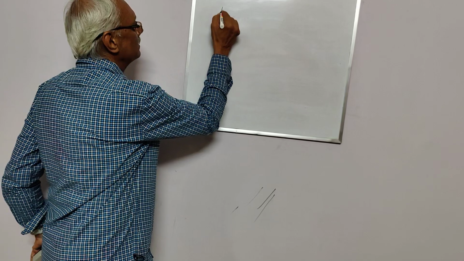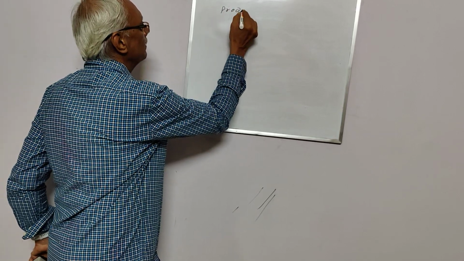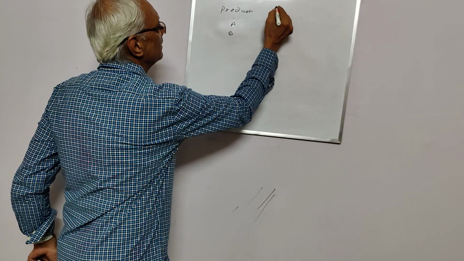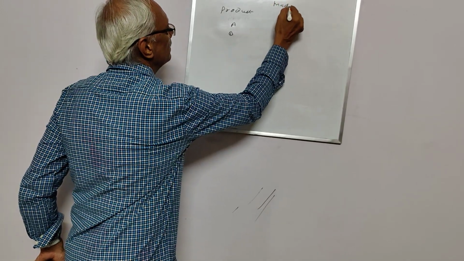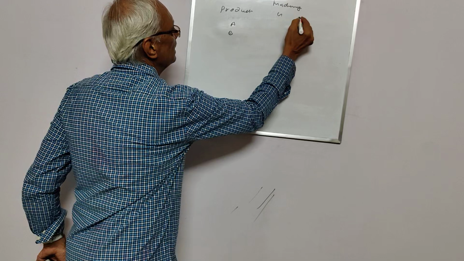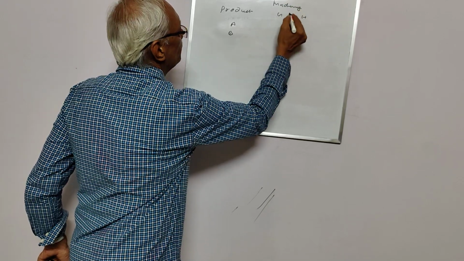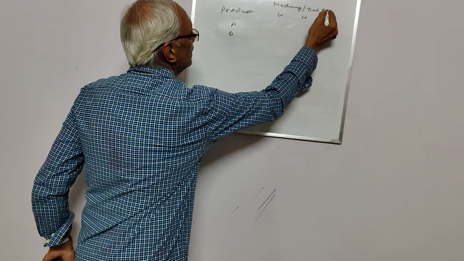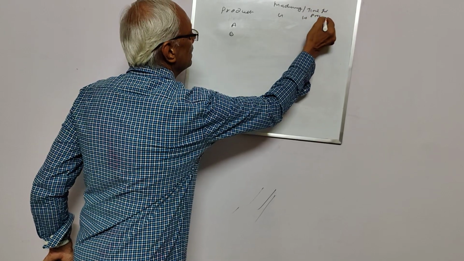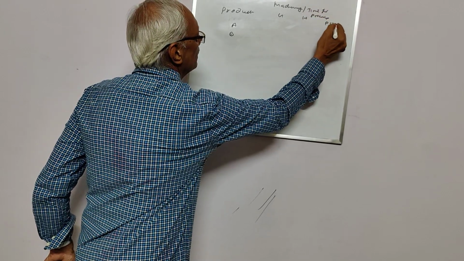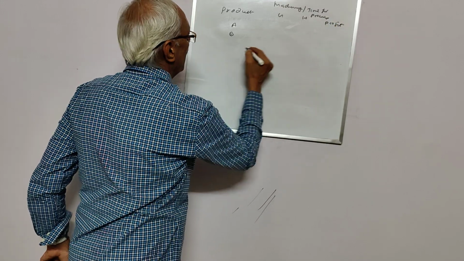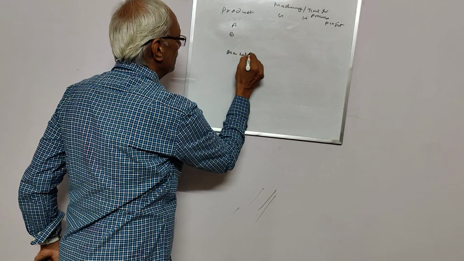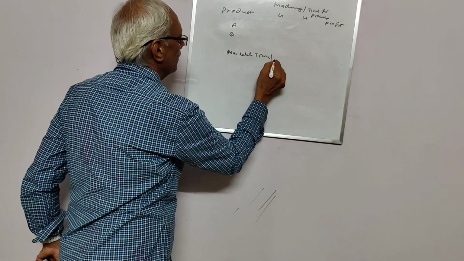Product A and B, machinery G and H, time for processing, profit, available time per day.